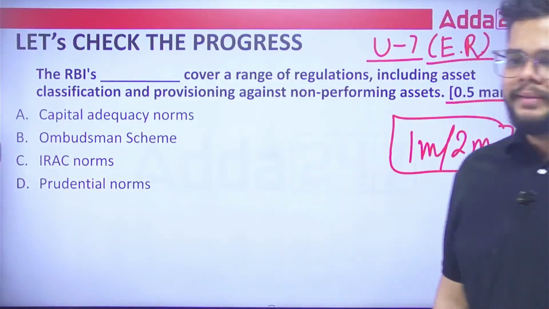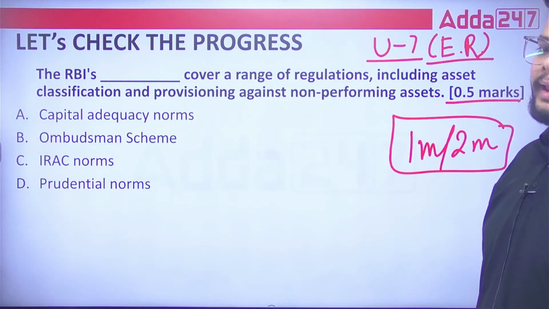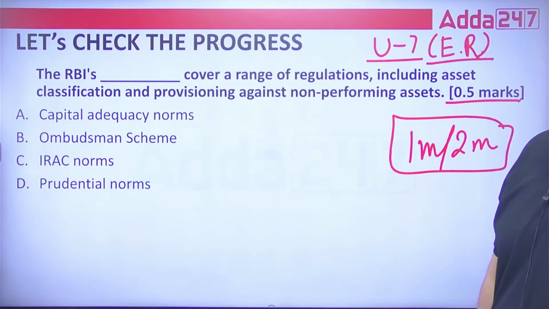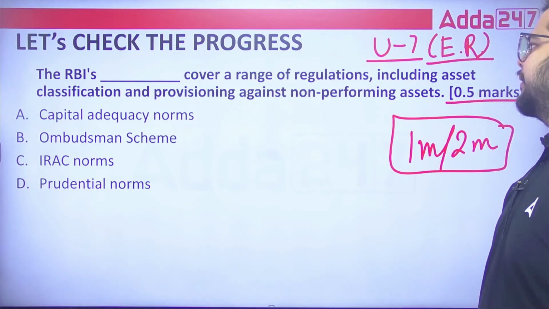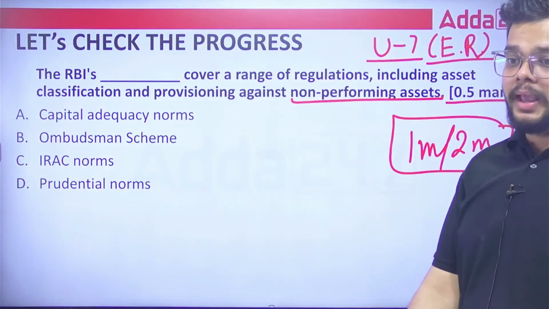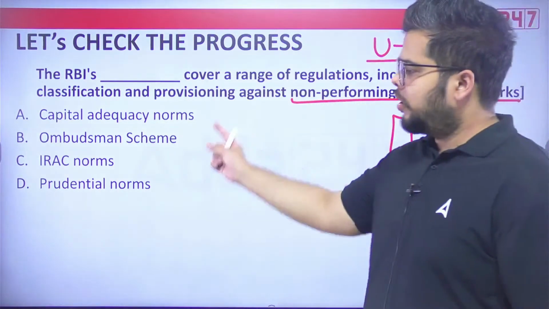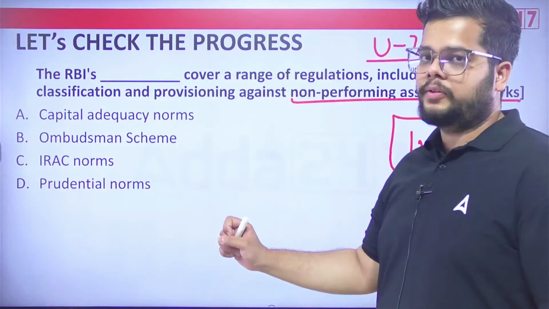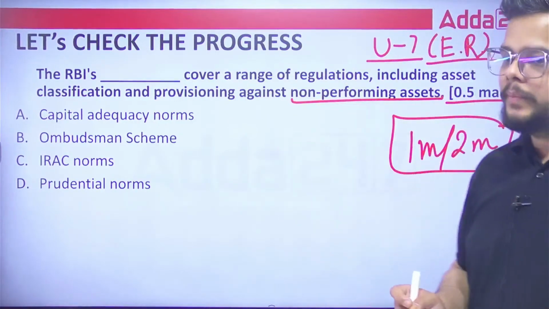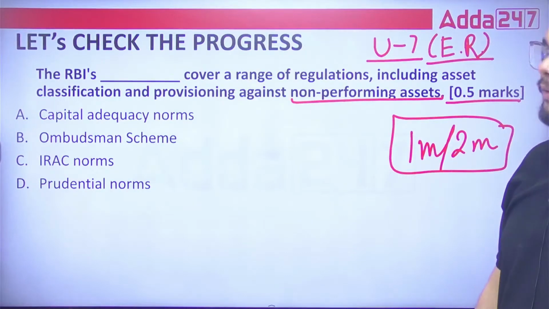So the RBI's dash cover a range of regulations including asset classification and provisioning against the NPAs, non-performing assets. We are talking about the NPAs here. So which of the following norms, initiatives or schemes can be related to this question?